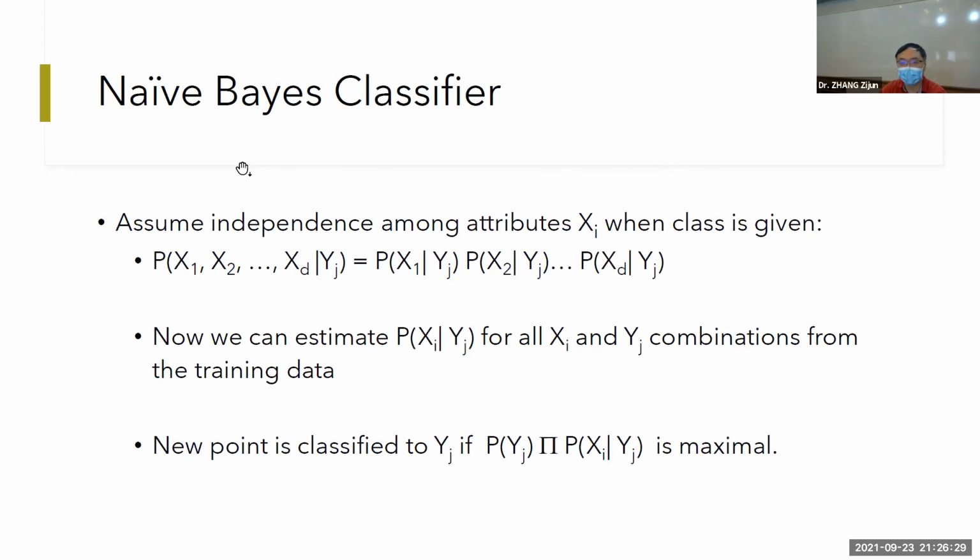Then we need to adopt the naive Bayes theorem to generate the naive Bayes classifier. The naive Bayes assumption will be adopted here, which means that among all attributes xi, they are independent. Once they are independent, this likelihood can be written as a multiplication of each term. This joint probability will be the multiplication of a set of conditional probabilities.